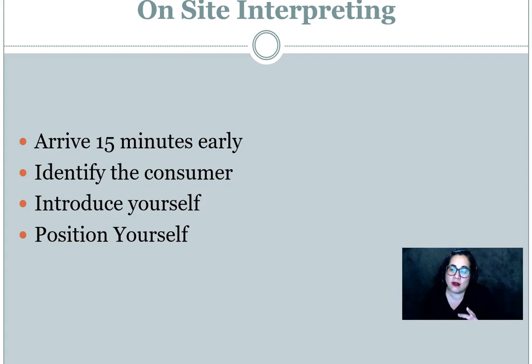And the reason why you have to arrive early is, if you're driving across the city, you may not be familiar with the parking, with where you're going, with the contact person, with the meeting location, etc. Imagine your first day of class and you don't know where the classroom is. Doesn't it take you a little bit longer to get there? Imagine that happening with every assignment as you get a different location to go to.